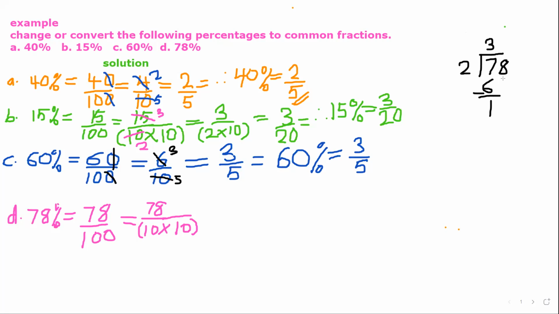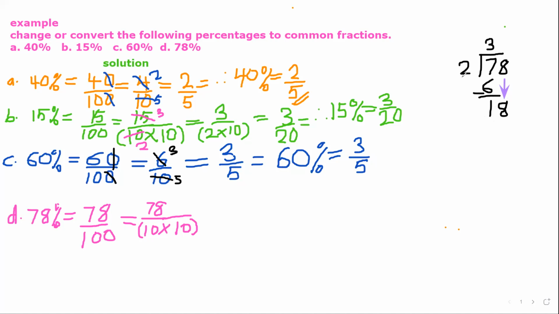The next, they will share 8. So you drop the 8, attached to the remainder here. So here will be 8, making it 18.